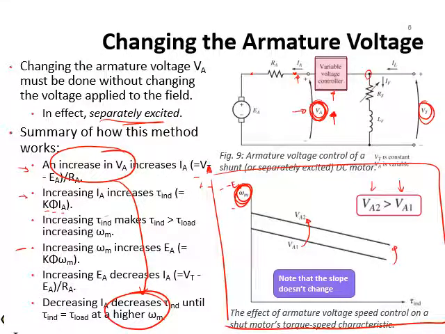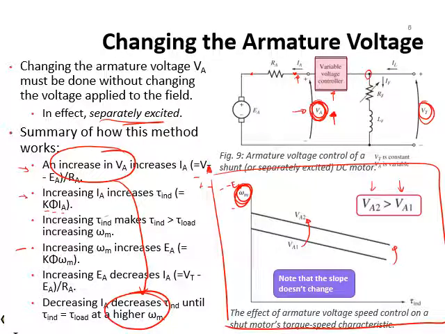So there's a change or a shift of the output characteristics from the bottom line to the top line. And what we should notice here as well is that the gradient stays the same, i.e. it doesn't become steeper or less steep. It's only shifted up if you use this method, unlike the previous method.